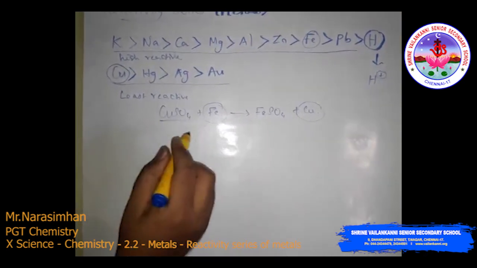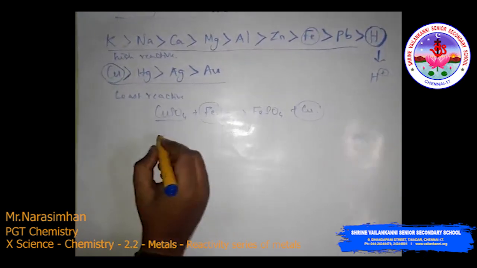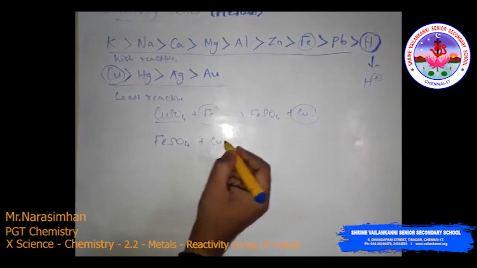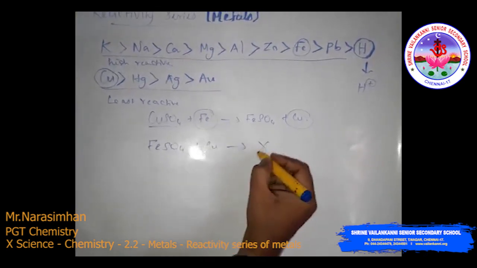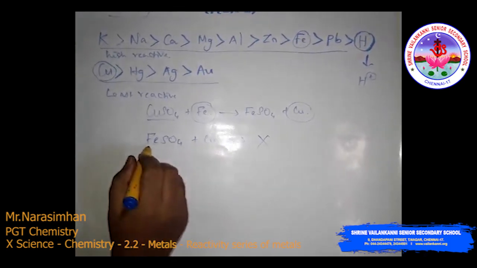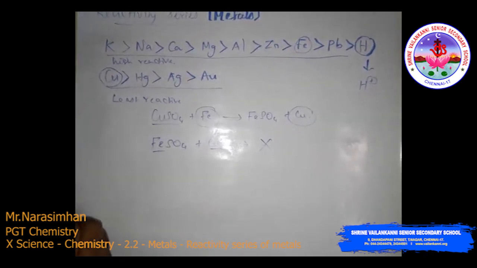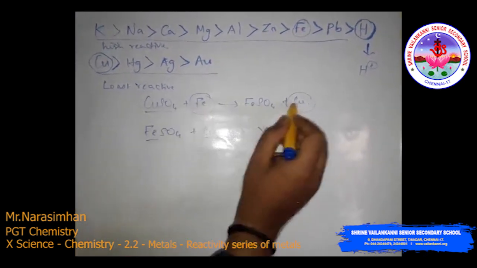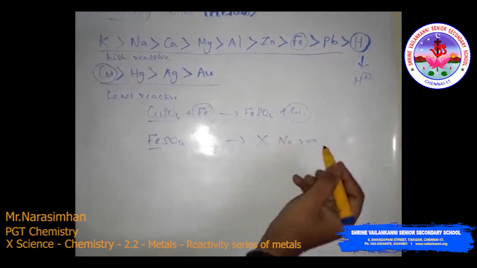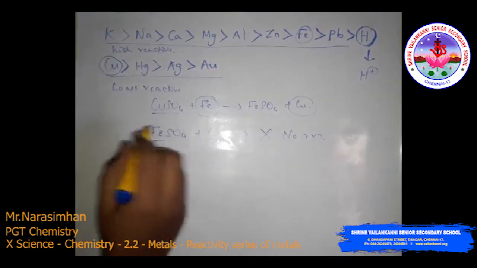Suppose the low reactive element reacts with the high reactive one, in case iron sulfate reacts with copper, that means no reaction, because it does not displace, because iron is more reactive compared to copper. So this reaction is possible and this one, no reaction occurs. Okay, so this is the reactivity series of metals.